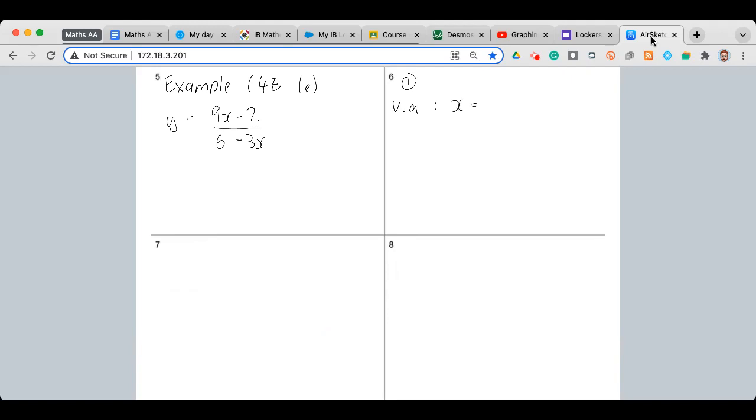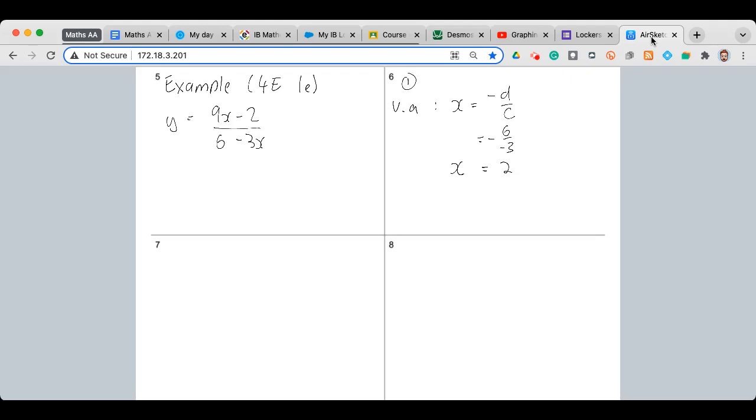So x equals negative d on c, which is equal to, oh hang on, I flipped it around, haven't I? 6 on 3. But it's a negative. Okay, sorry, I'll be really specific then. Negative d on c. And the negative makes it positive. So the vertical asymptote is at x equals 2.